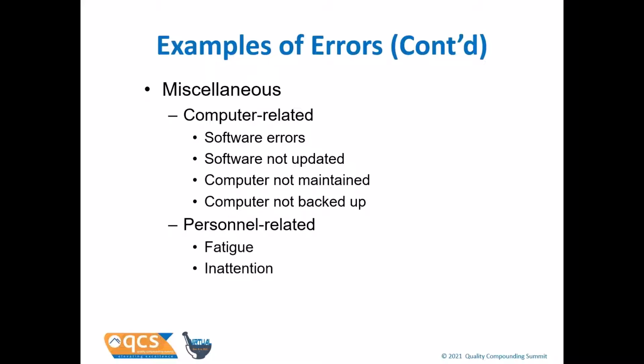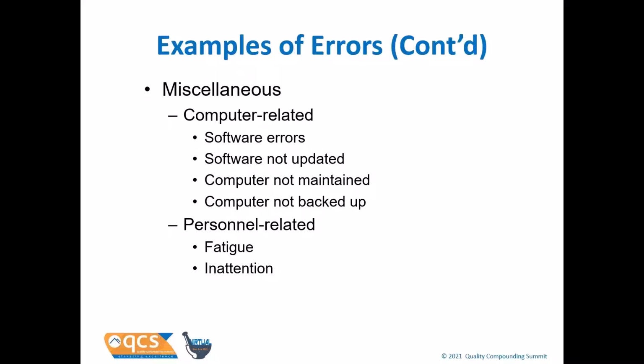Now we get into some miscellaneous types of errors. Computer related is probably one of my favorites, because one of the main issues with computer software in pharmacy is software errors. Anytime you get a software upgrade, first of all, it is important that it be upgraded, but sometimes these upgrades take a period of time to get accustomed to, and during this break-in period, errors can occur.